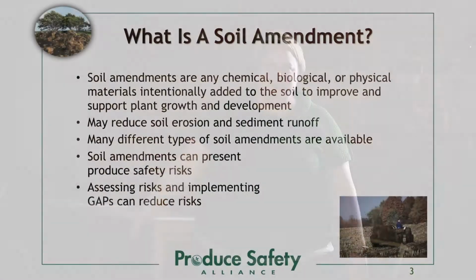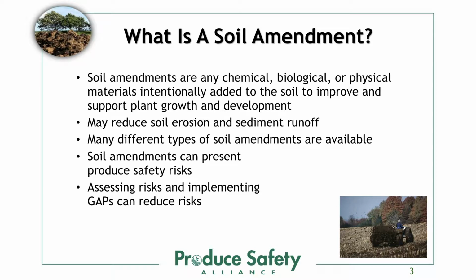So what is a soil amendment? It sounds like you all have a pretty good handle on that, based upon the fact you're already using them in your operations. But soil amendments are truly any chemical, biological, or physical materials intentionally added to the soil to improve and support plant growth and development overall.